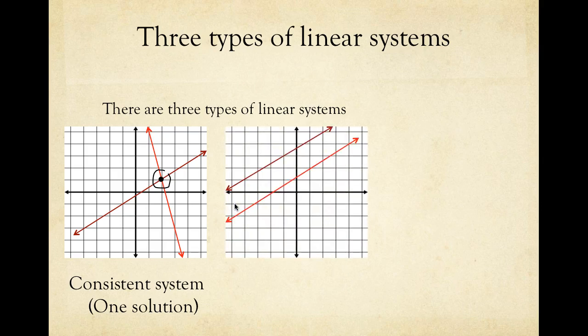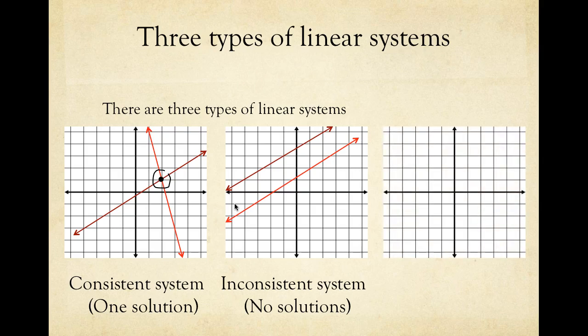The second type is when you have parallel lines, or the 2 lines do not intersect. That's called an inconsistent system, and there are no solutions. Remember, a solution is where the 2 lines intersect or cross.